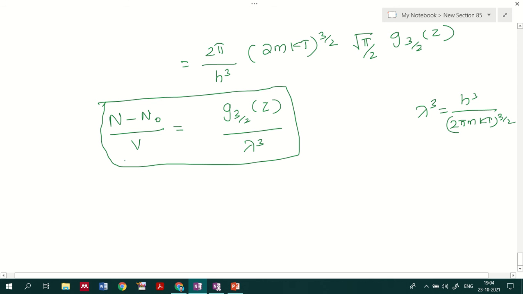Now we will find the internal energy representation, because we started to find the different thermodynamic relations. We already found the relation for pressure in the P by kT representation, and the number of particles and volume can be identified from this. What about internal energy in the ideal Bose system?